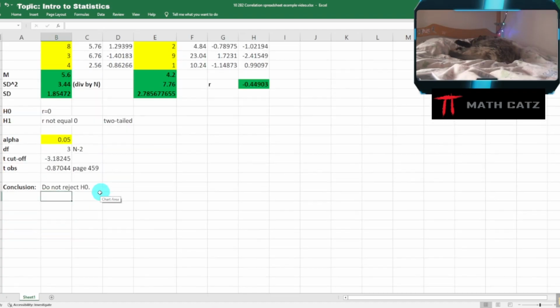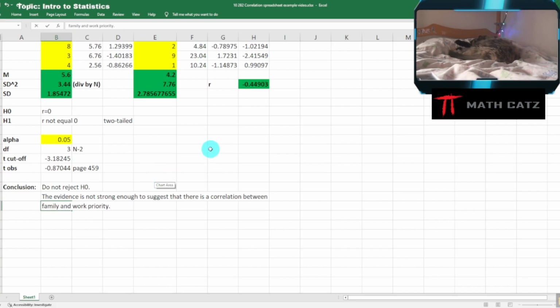So I can say my conclusion in a more wordy way relating to the words of the original question and say the evidence is not strong enough to suggest that there is a correlation between, let's say, family and work priority.